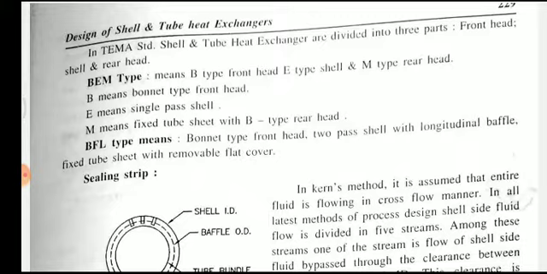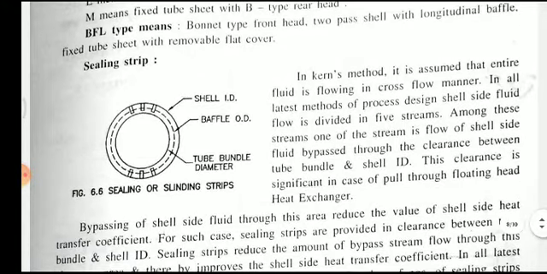Okay, BEM type. B means the front head, E is the shell type, and M is the rear head type. B means bonnet type front head, E means single pass shell, and M means fixed tube sheet with B type of rear. And BFL means bonnet type front head, two pass shell with longitudinal baffles, fixed tube sheet with removable flat.